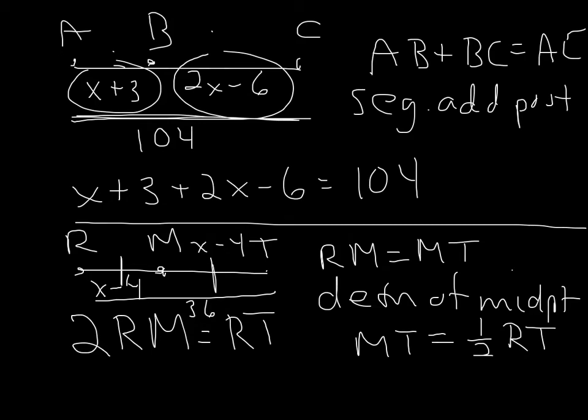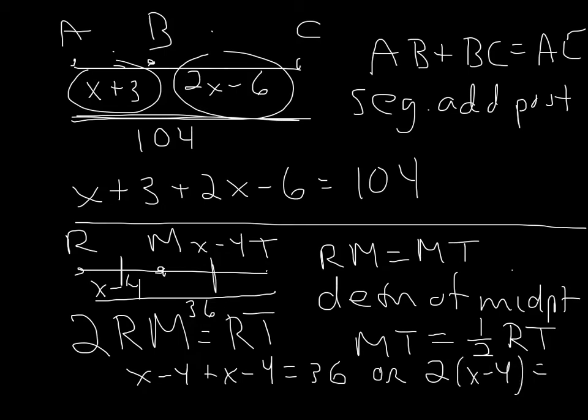And you could add and say x minus 4 plus x minus 4 equals 36, or you could take two of the small pieces, which would be 2 times x minus 4, also equal to 36.